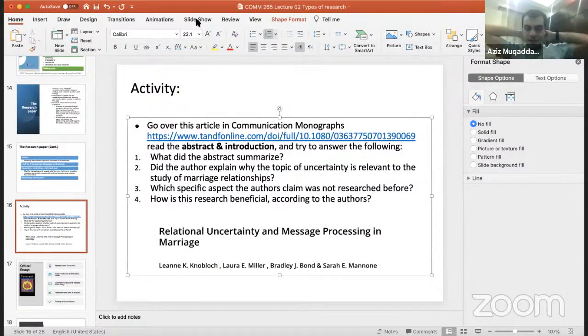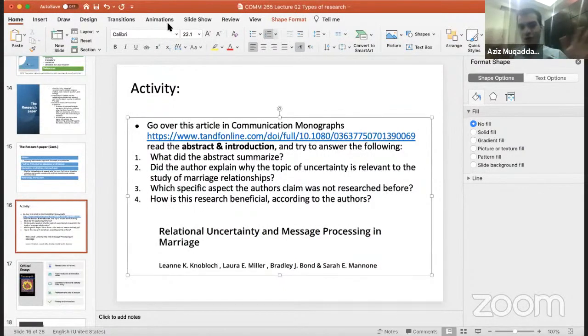Right. Some studied uncertainty in different contexts, or the things that produced uncertainty, but not how uncertainty about relationship status in marriage affects or predicts the communication behavior of the marriage.